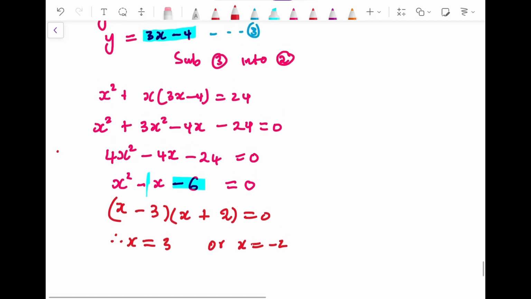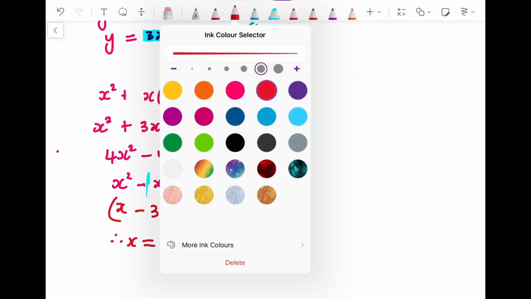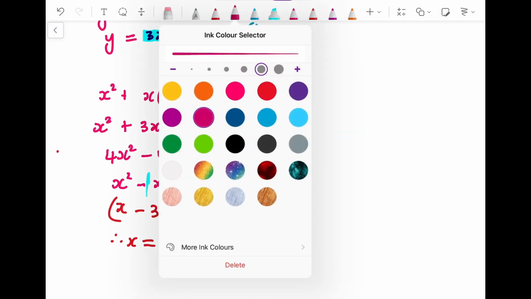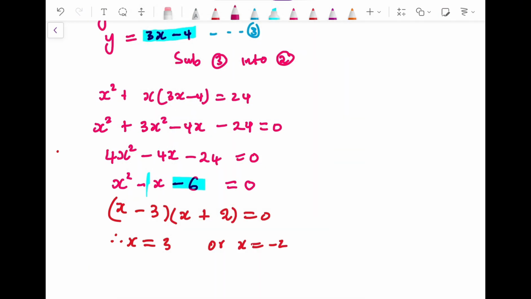Now we do have our x. We can now calculate the corresponding y value. So to calculate the corresponding y value, we take these x values and substitute in equation number 3. So y is equal to 3 multiplied by, what is our x? 3. And then minus 4. We have 9 minus 4, which will be 5.